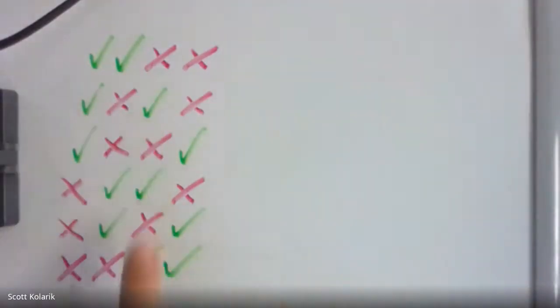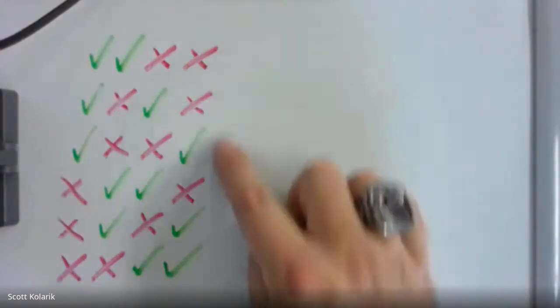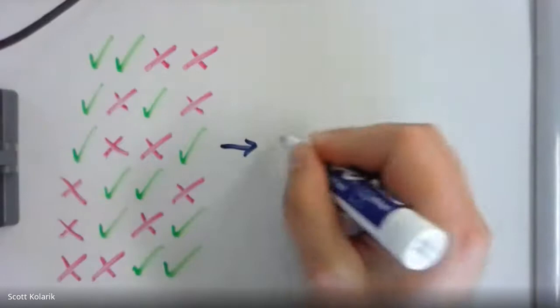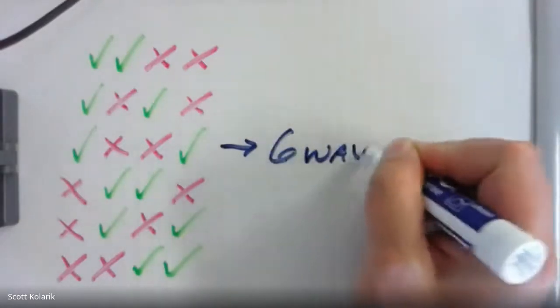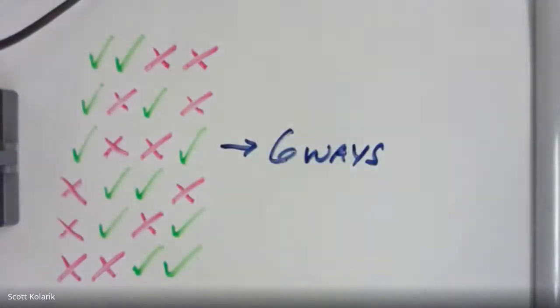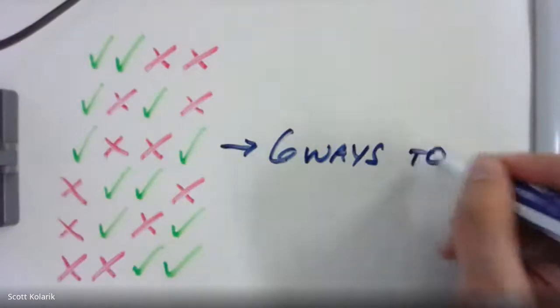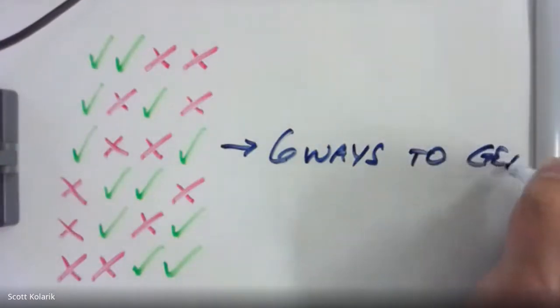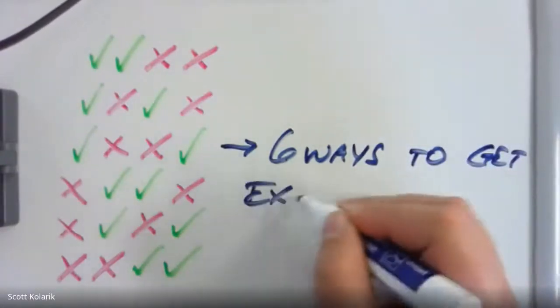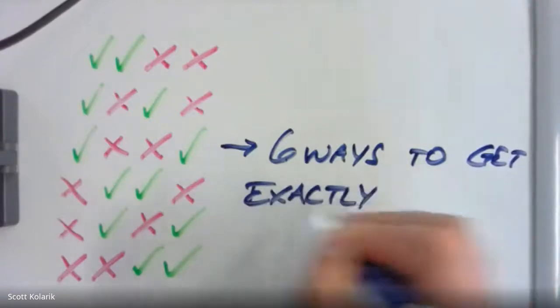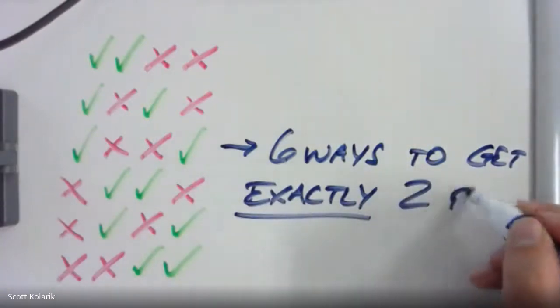So how many different ways can I get exactly 2 correct? There are 6 different ways that can happen. There are 6 ways for me to get exactly 2 correct, or 2 right.